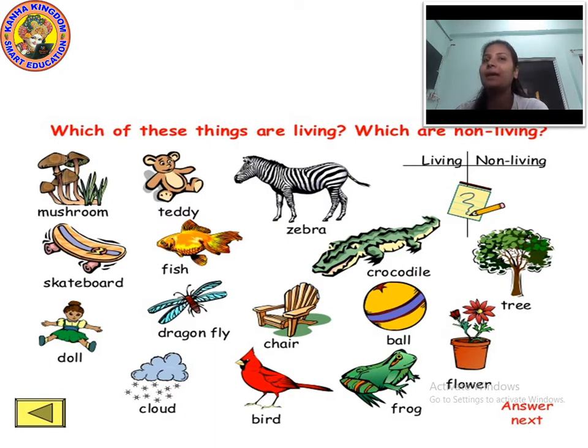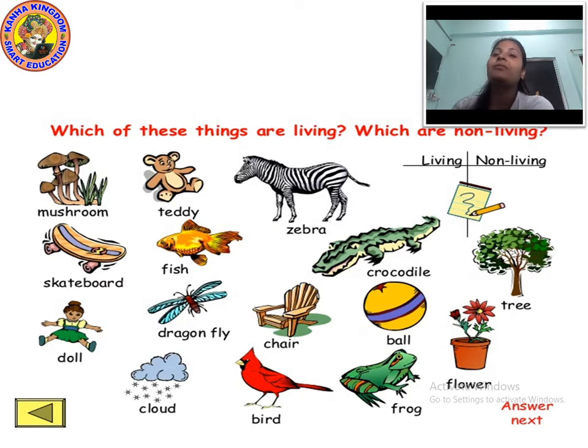No. So chair is also a non-living thing. Ball. Can ball feel? No, right? We kick ball so many times, but can ball hurt? No, right? Why? Because ball is also a non-living thing.